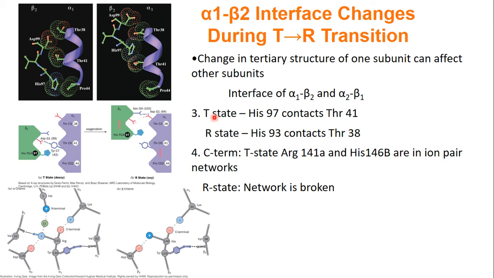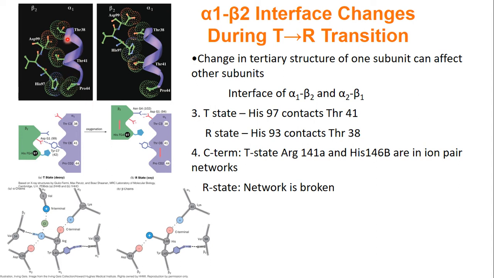In the T state, you have histidine 97 interacting with threonine 41. In the R state, along with that whole F helix moving, you have the histidine moving up to now contact threonine 38 as well. So you have this huge shift in your beta to alpha 1 interface.